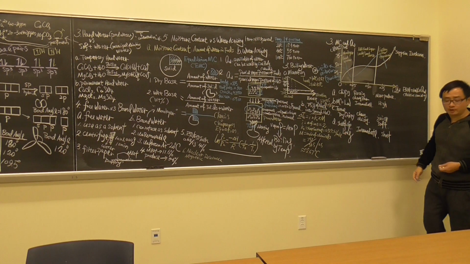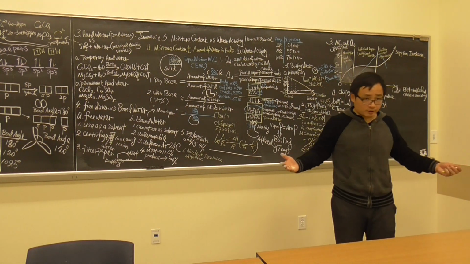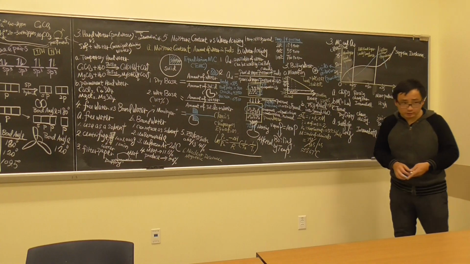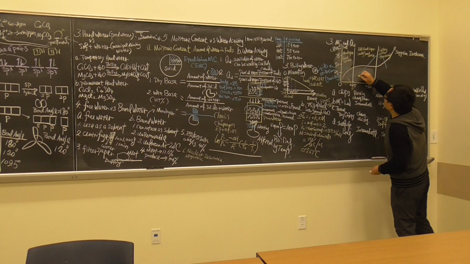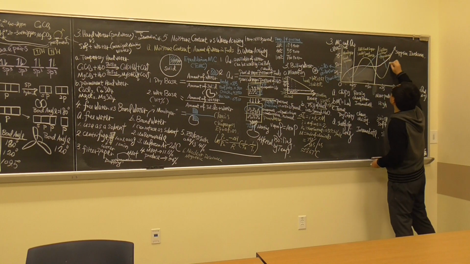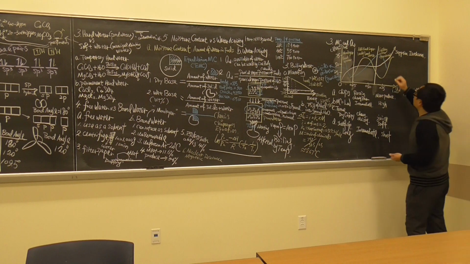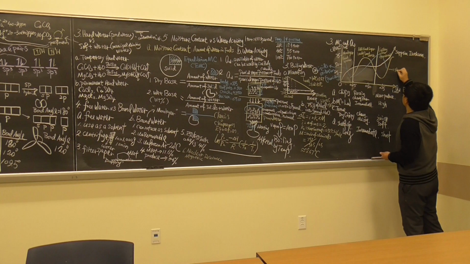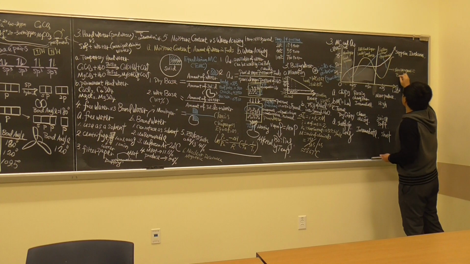Raisin, chewy chocolate bar, what do we care about? Chocolate bar, we see a brownish color, a beautiful brownish color. Why does it become a beautiful brownish color? Because browning happens, which is called non-enzymatic browning.